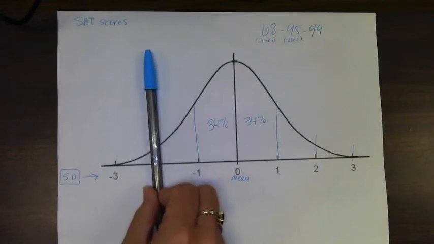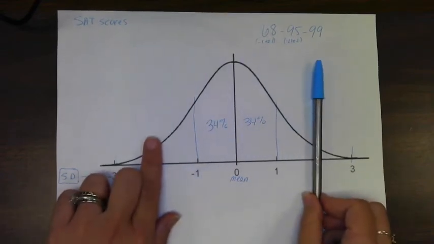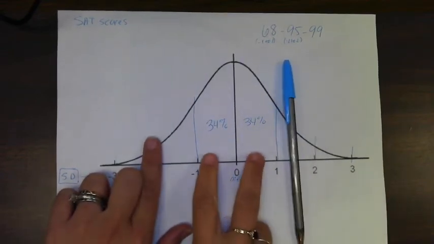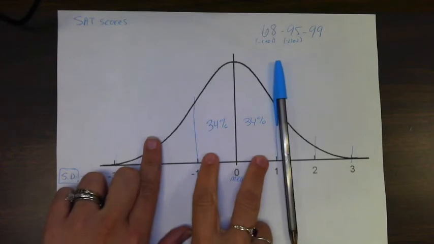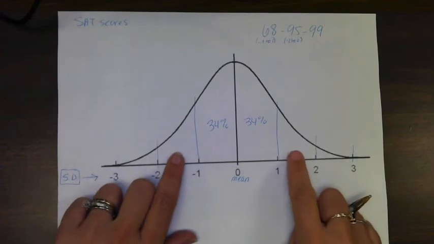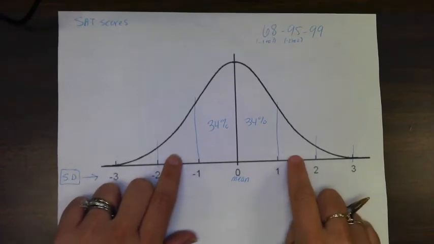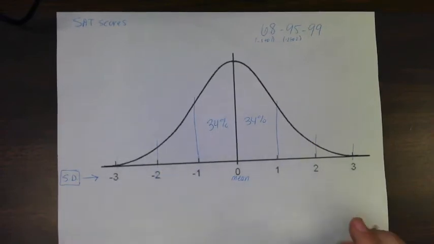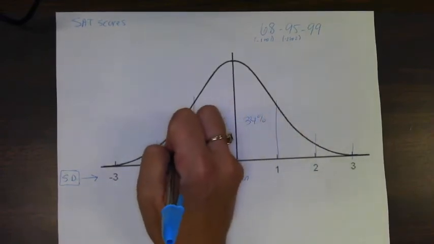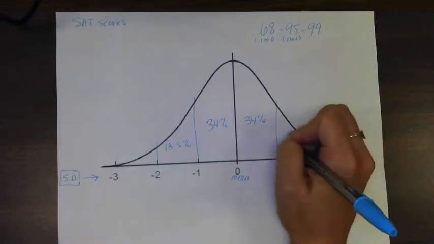So from here all the way to here is 95% of the data. Well, if 68 was in the middle, if I subtract 95 minus 68, then I get what would be in these two pieces. And if I cut that in half, I get what is in each one. And that turns out to be 13.5.